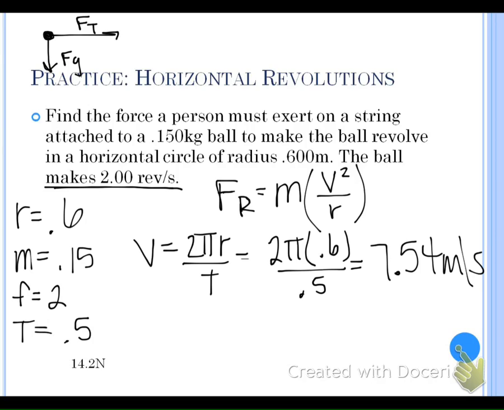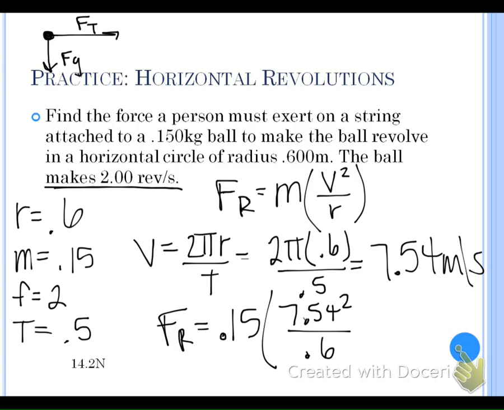Now we have our velocity, we have our radius, we have our mass. We want to solve here for our net force. So F_R equals mass, which is 0.15, times v squared, 7.54 squared, over r, which is 0.6.